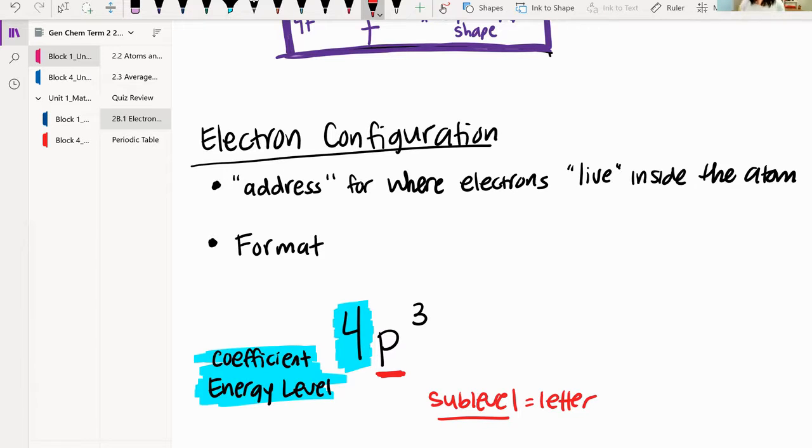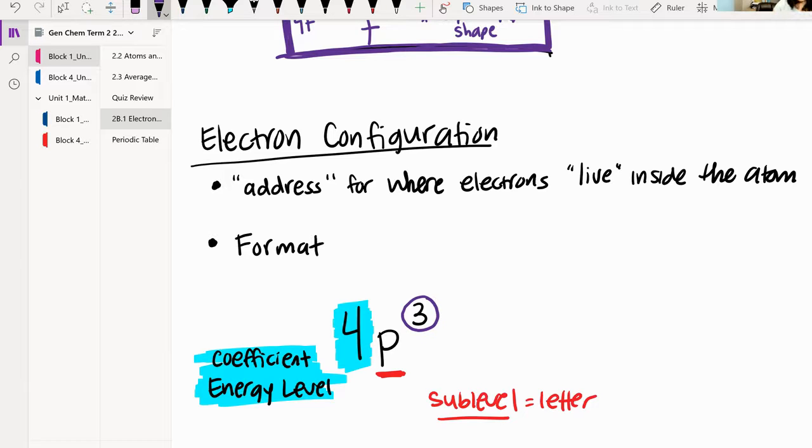Okay, so now I know more about these electrons. They're inside the P sublevel, which is located inside the 4th energy level. And then I have an exponent. And for the sake of my notes, I'm going to go ahead and circle that.